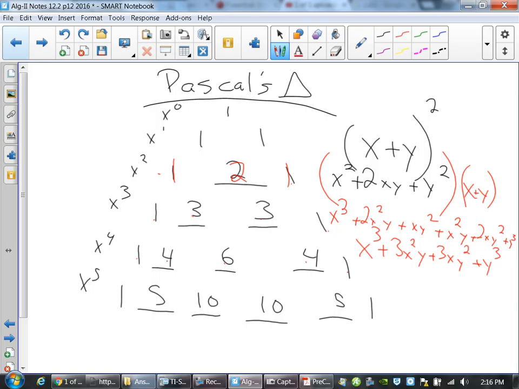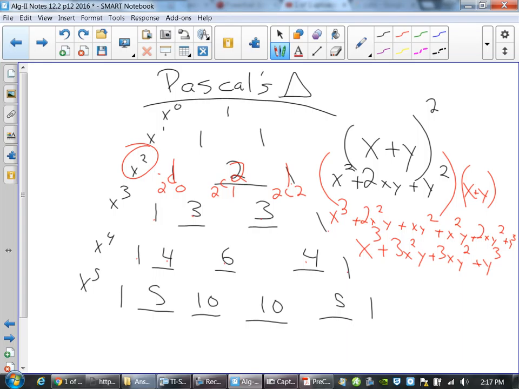Each one of these, if it's a second degree polynomial, is 2 choose nothing, 2 choose 1, 2 choose 2. The next one would be 3 choose nothing, 3 choose 1, 3 choose 2, 3 choose 3.